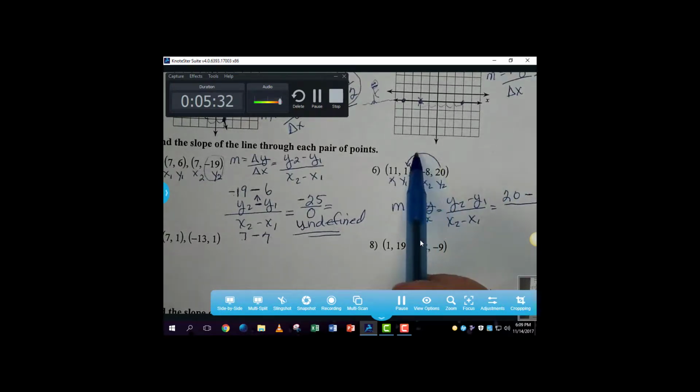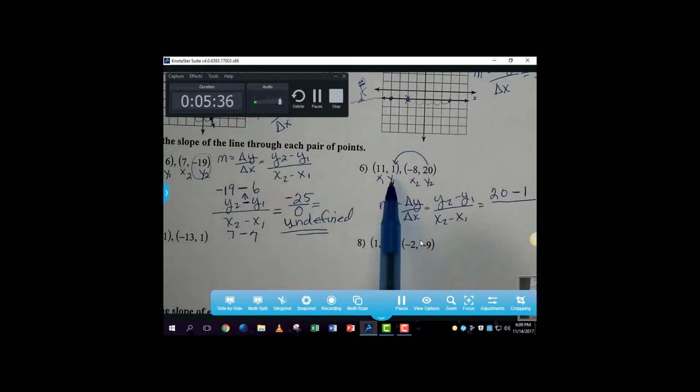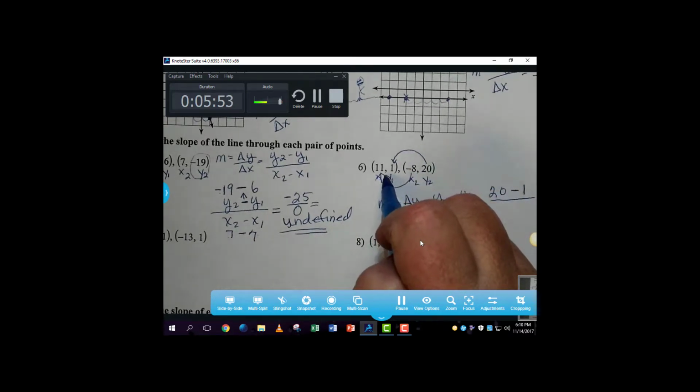When I do the change in x, I do not do 11 minus negative 8, because I would draw my arrow this direction. You want the arrows to be pointing the same direction. So 20 minus 1, and then we're going to have negative 8 minus 11.